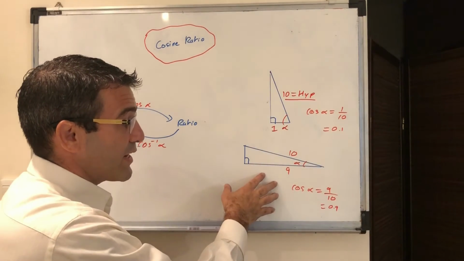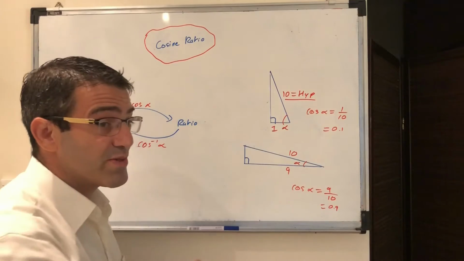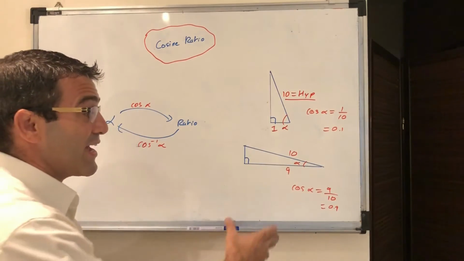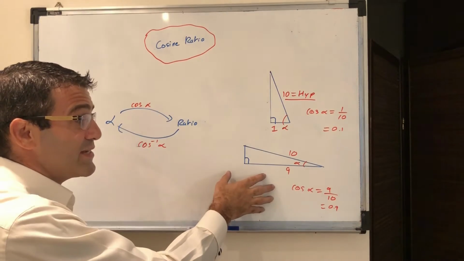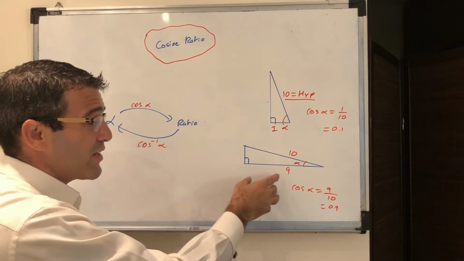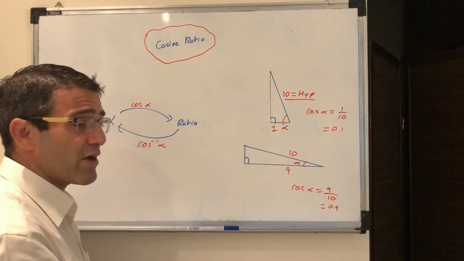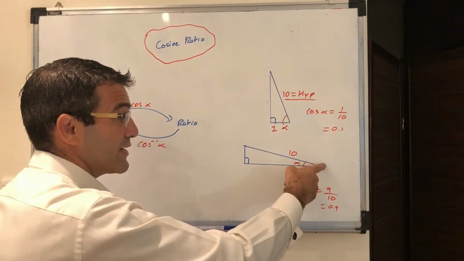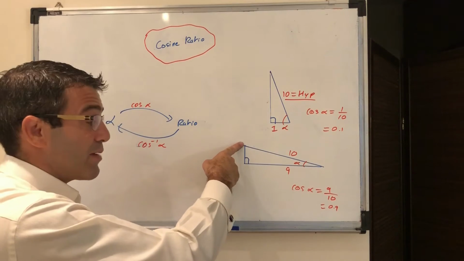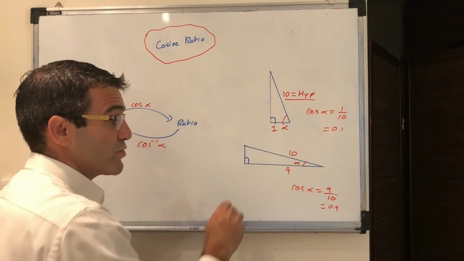Here the cosine is 0.9, which means the adjacent side is 90% of the hypotenuse. And so when the adjacent side is 90% of the hypotenuse, the angle is really small. It seems quite narrow. Well, that makes sense because this is quite long and it's a large portion of the hypotenuse, which means that they're going to be very close to each other.